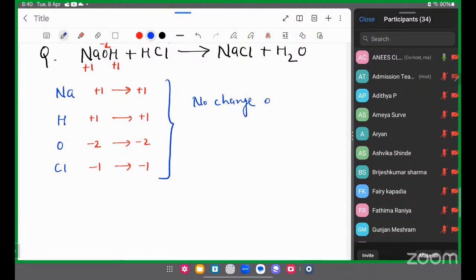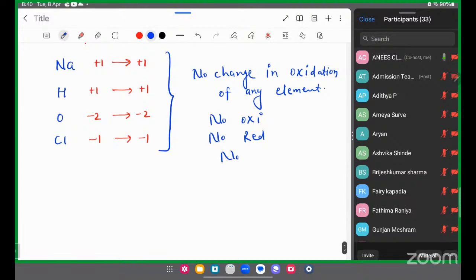No change in oxidation number of any element. Since there is no change in oxidation number, means there will be no oxidation, there will be no reduction, and hence the given reaction is not a redox reaction.